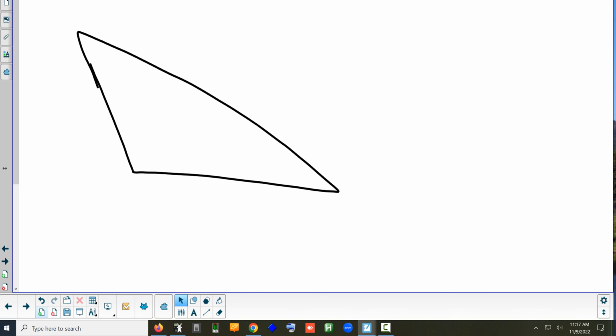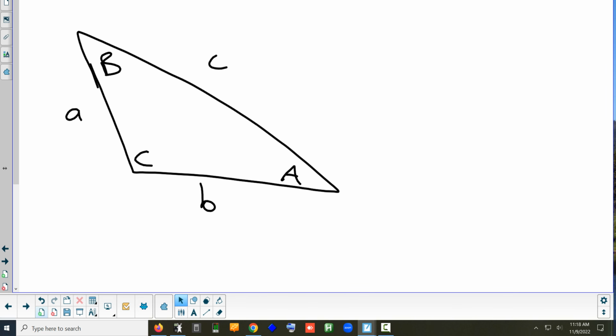So what are the letters we use for sides? We use A, B, and C. Now, I know there's no hypotenuse in this picture, but it's fine.